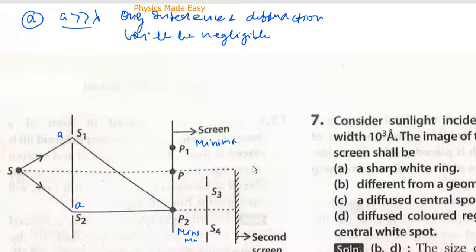Now, in first case A, this will be completely dark. Completely dark means intensity here will be 0. And no source of light, no pattern. No interference pattern, or no pattern here.